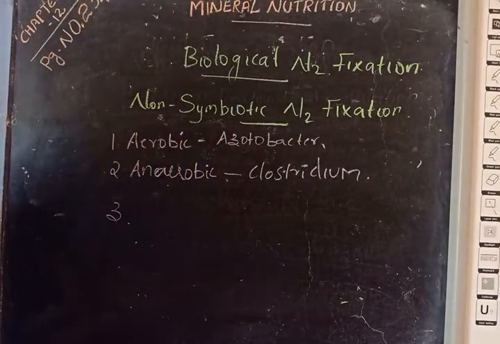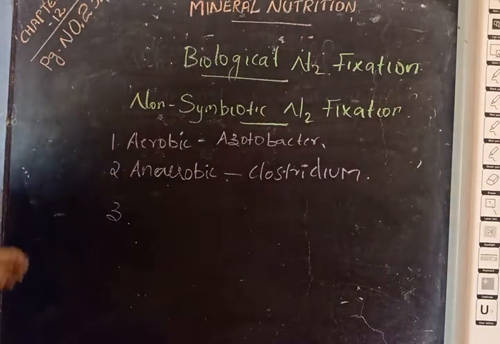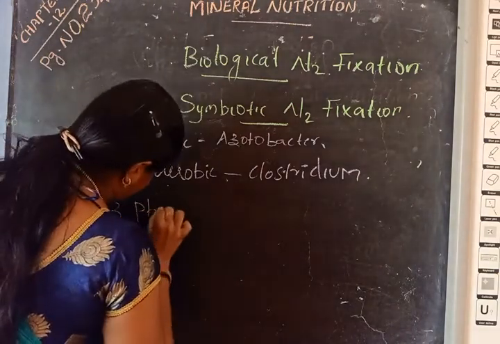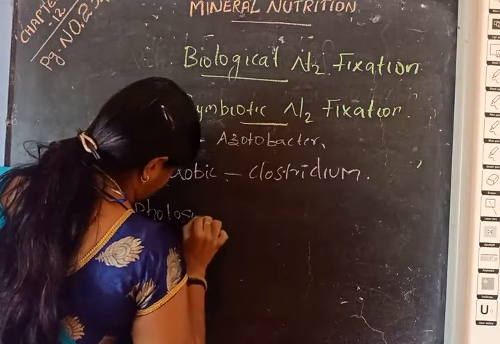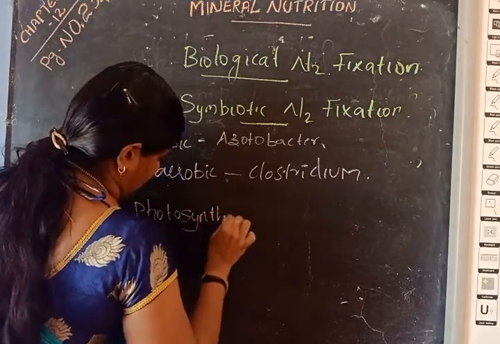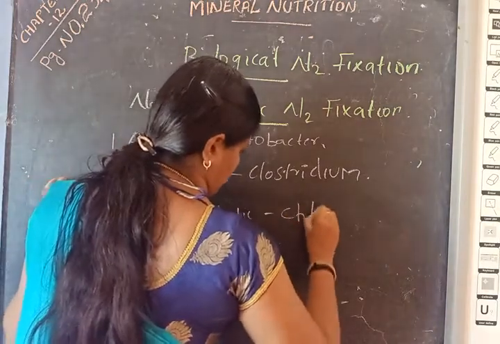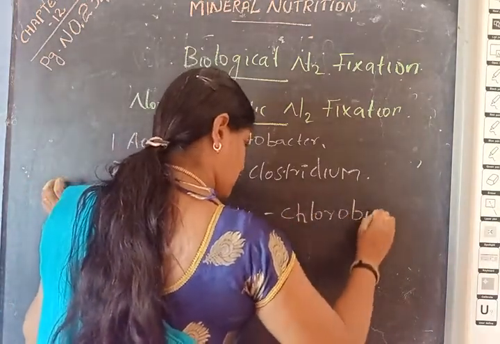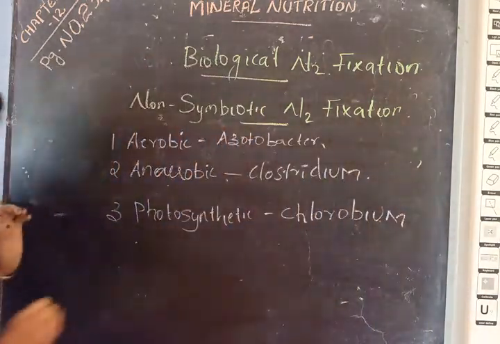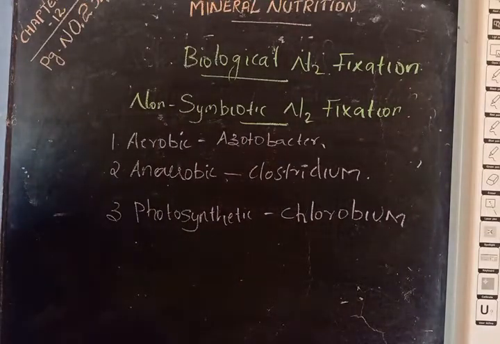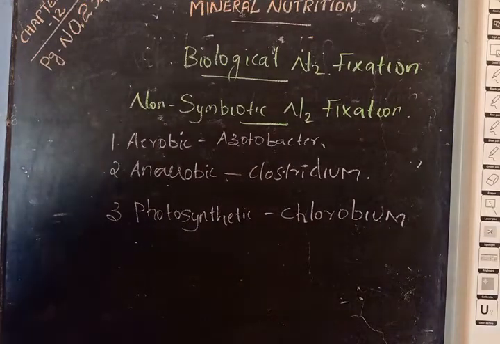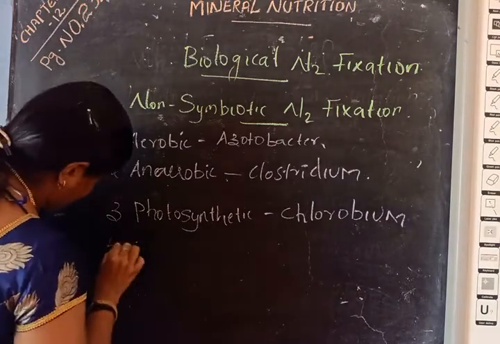In photosynthetic it is Chlorobium. Then chemosynthetic bacteria like Desulfovibrio.